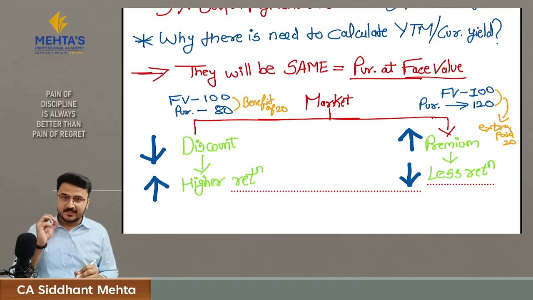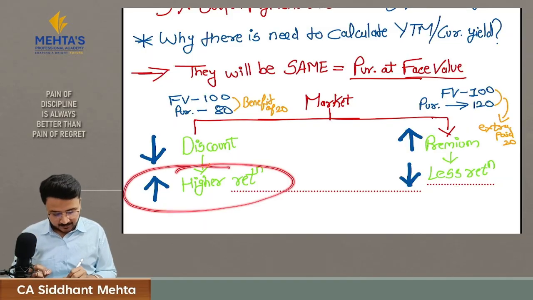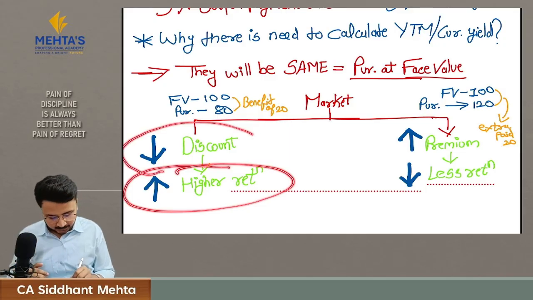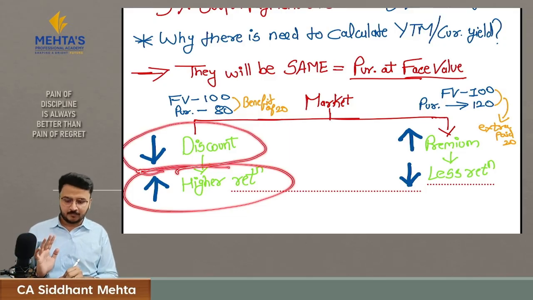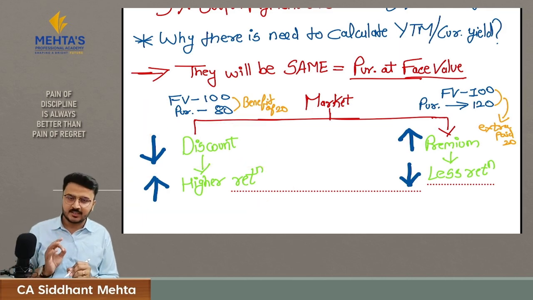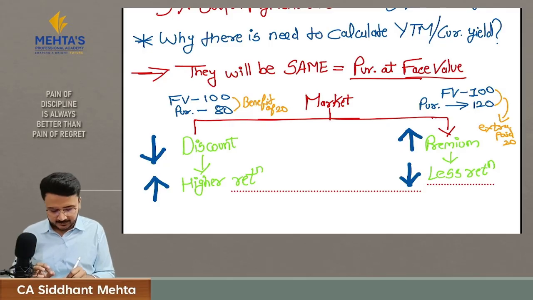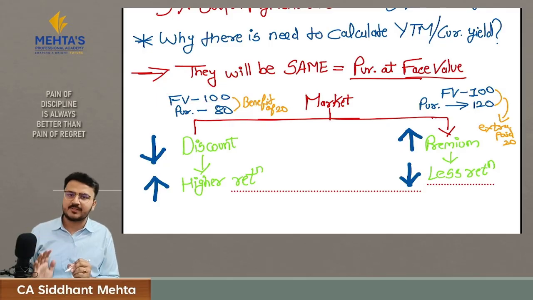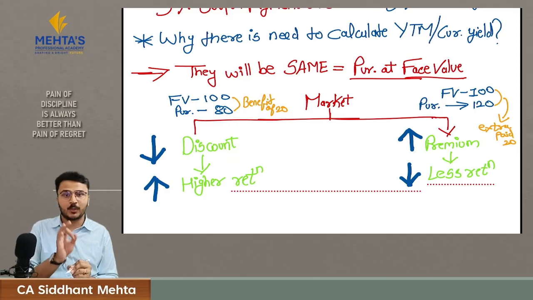Here we have seen that if we want a higher return, then the bond must be at a discount. We have taken one example: the face value of the bond is 100 rupees, which gives me 5% as interest. So if I purchase this bond at 100 rupees only, then I will get 5% as interest and also as return.